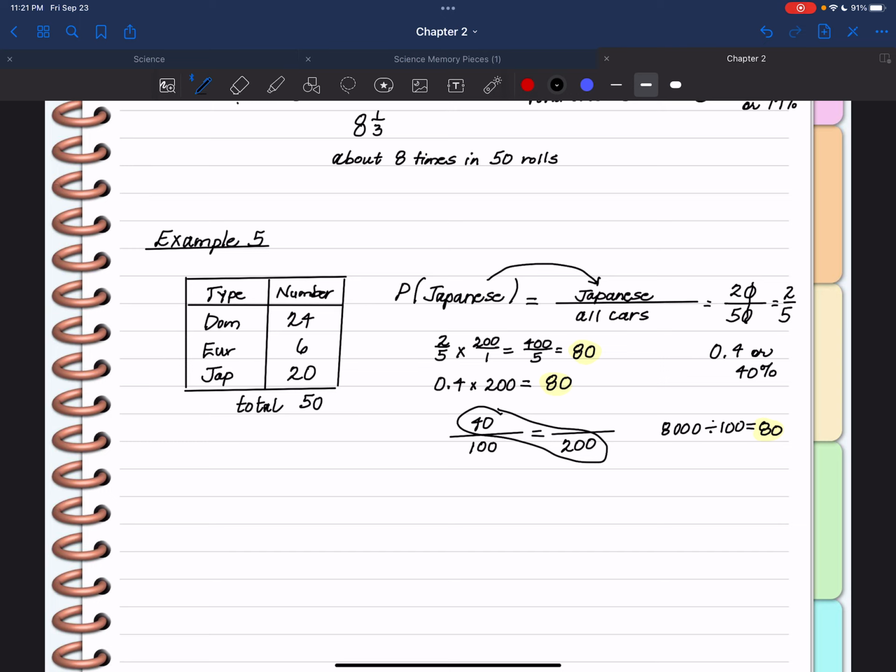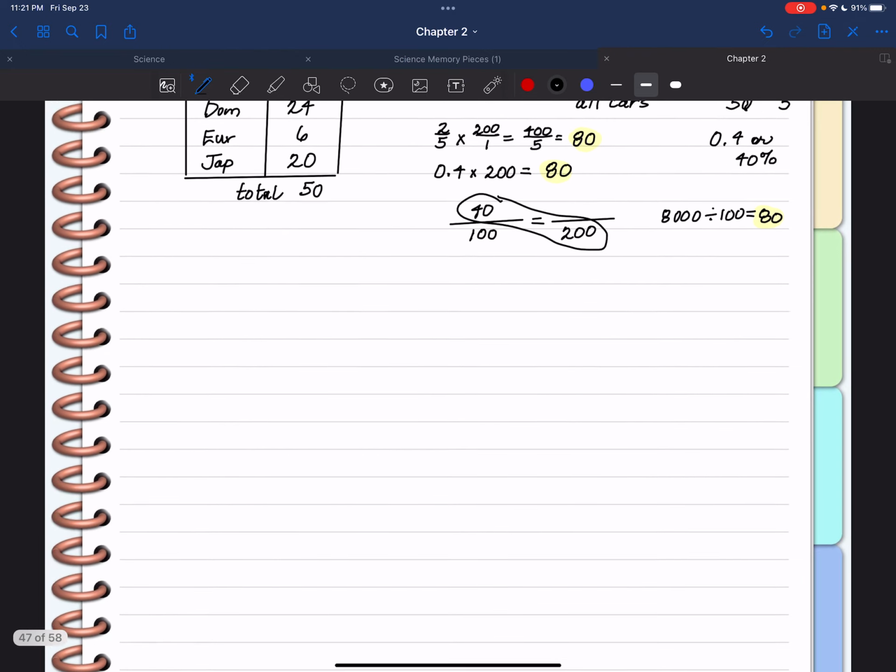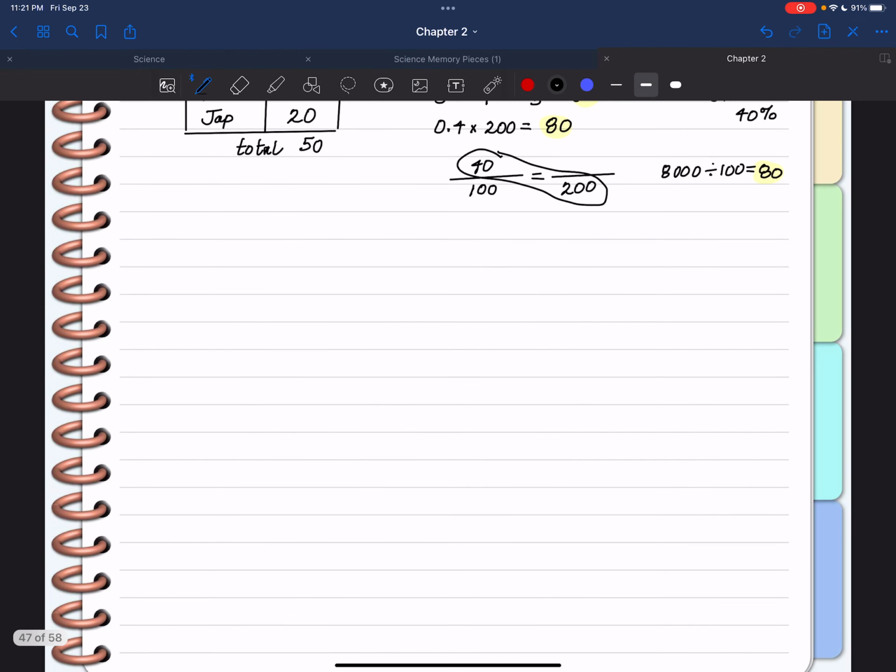Okay, let's look at the core skill over in the margin. Regina is playing a game in which she draws marbles from a bag.